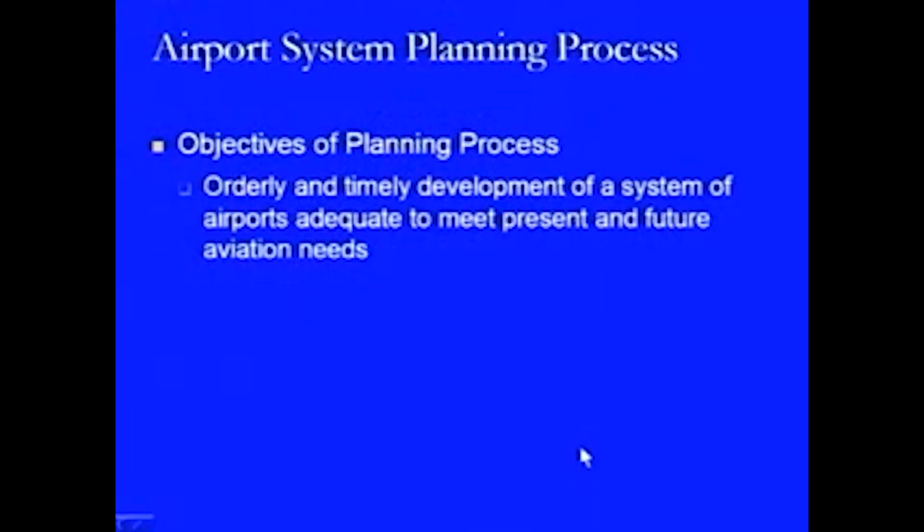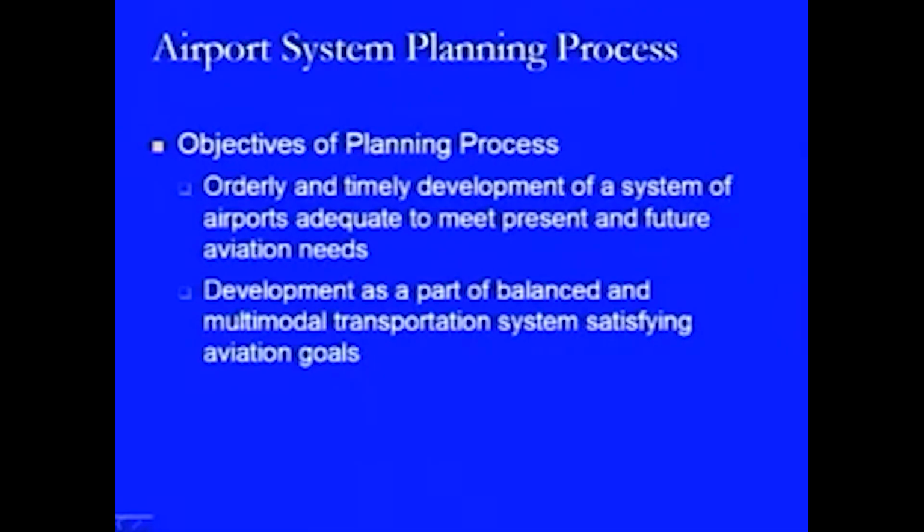In this one we are talking about the airport system planning process. What we are going to look at are the objectives of that planning process. What it needs is an orderly and timely development of a system of airports adequate to meet present and future aviation needs, and a development as part of a balanced and multimodal transportation system satisfying aviation goals.